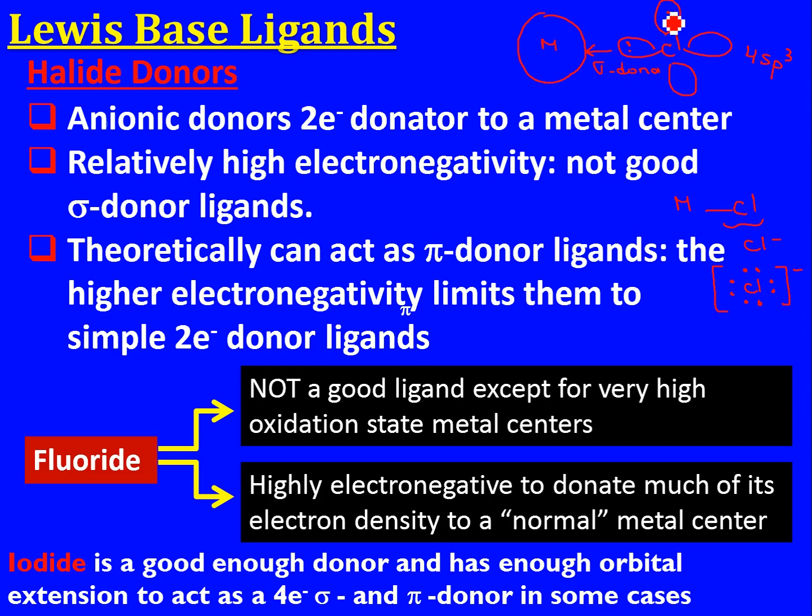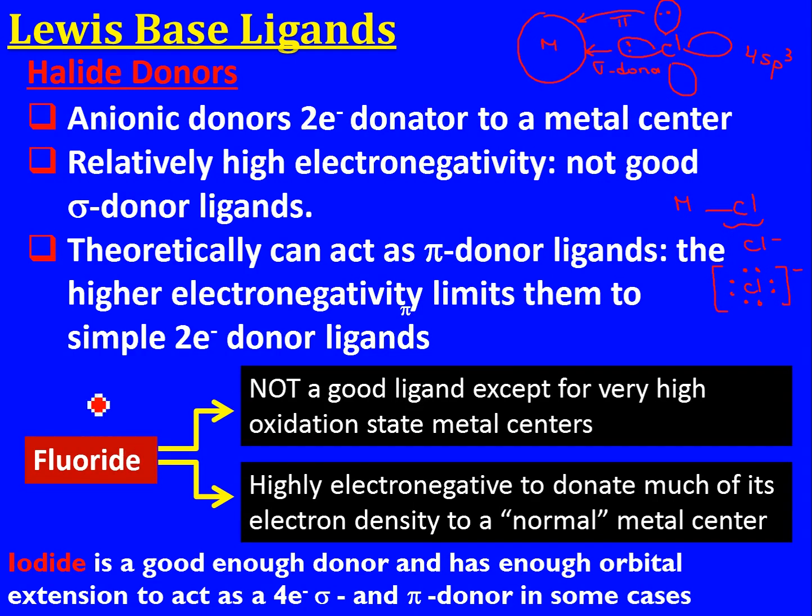But we have a lone pair that can be donated to the metal center by the pi method. So Cl, or halides, are in general and in the common case sigma donors and can act also as pi donors.